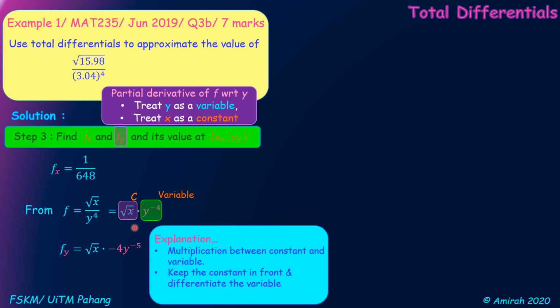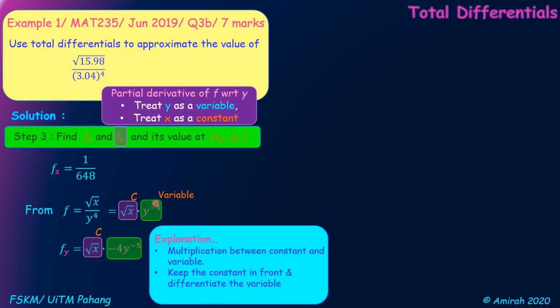From here, we have multiplication between constant and variable. When we differentiate, we just keep the constant in front and then we differentiate the variable using an appropriate technique. In this case, we differentiate using the power rule.